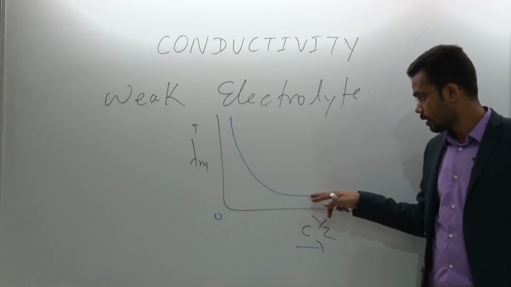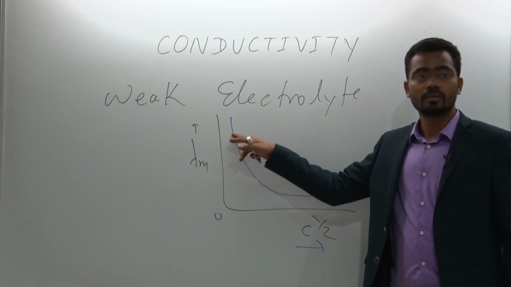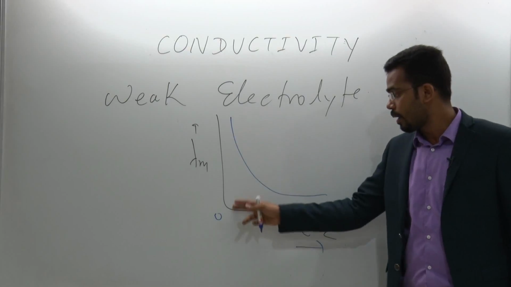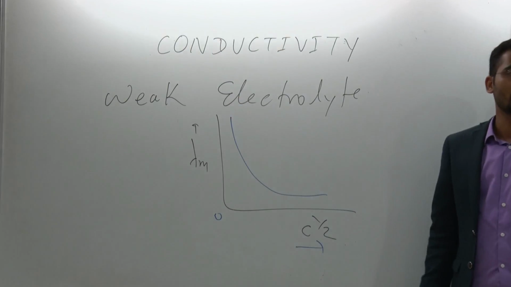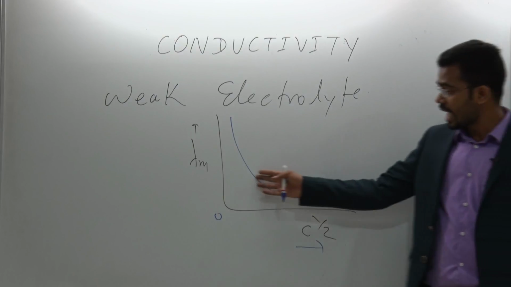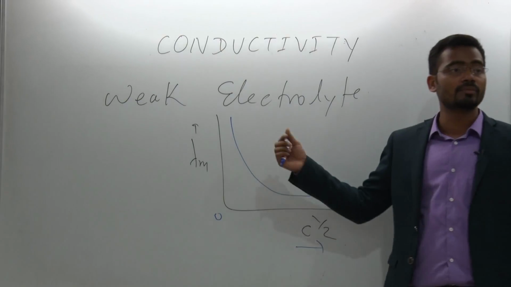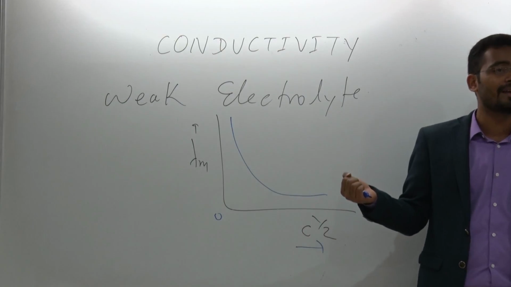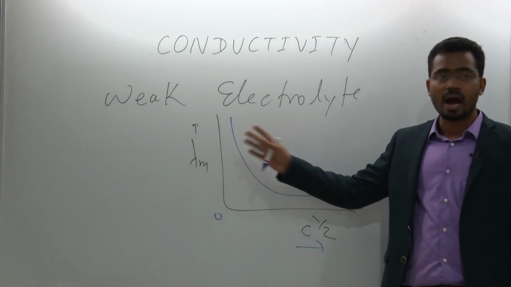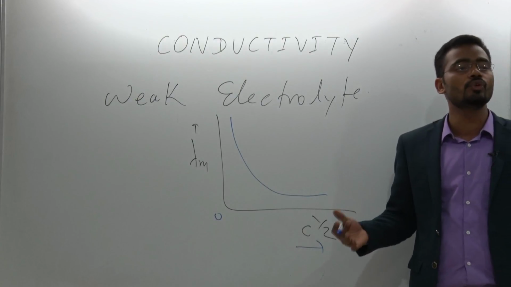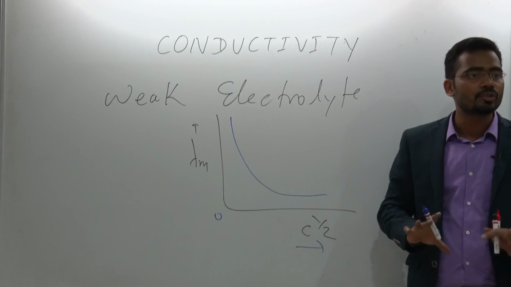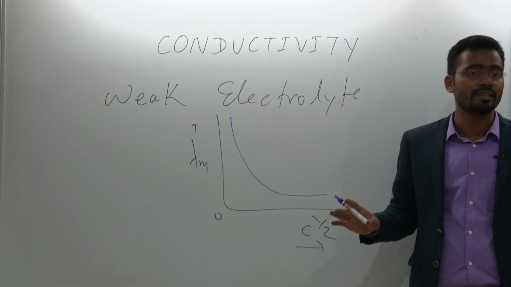See here, conductivity will increase. At infinite dilution, when tending to 0, there is a sharp change in conductivity. Yes or no? Why? Because at infinite dilution, it becomes a strong electrolyte. All ions will dissociate. Take the example of acetic acid, CH3COOH. It will dissociate into two parts, CH3COO minus and H plus.